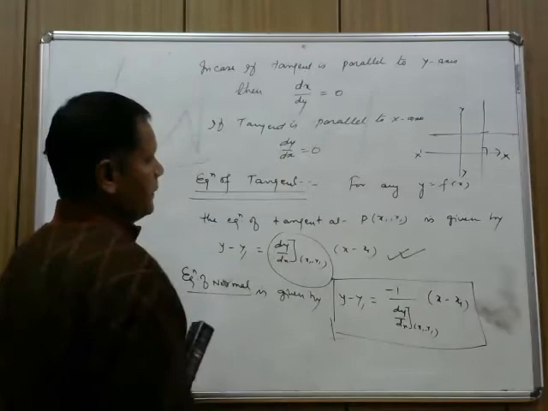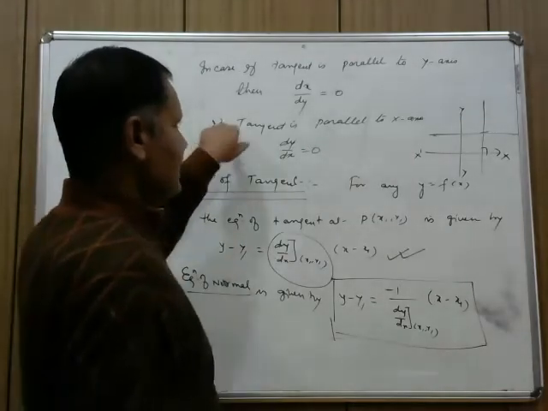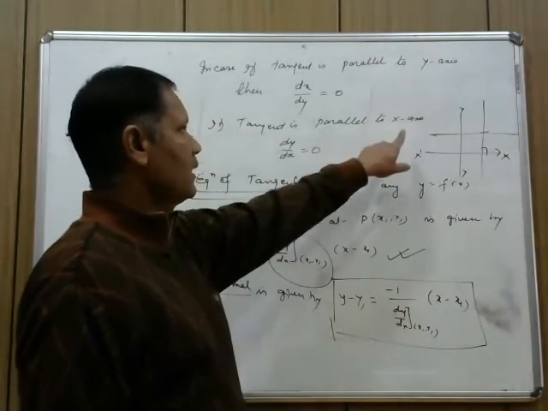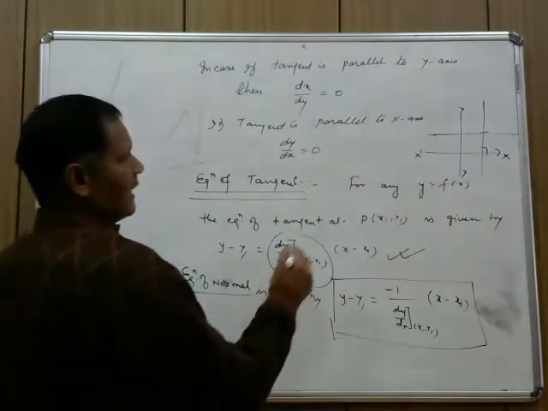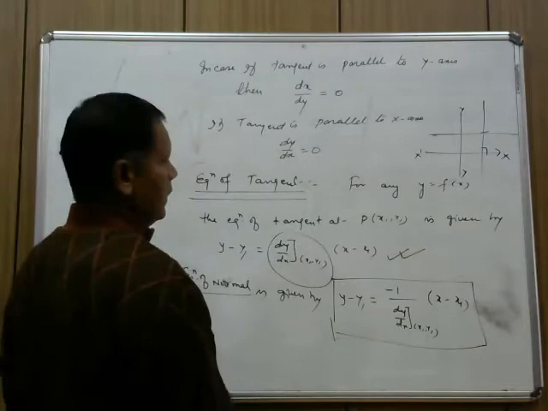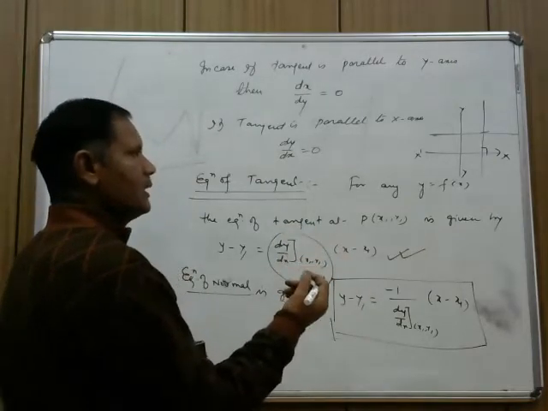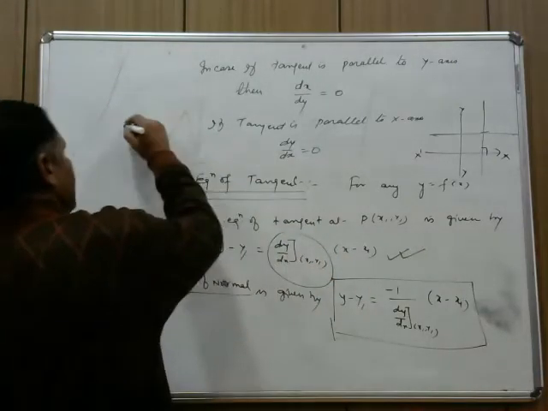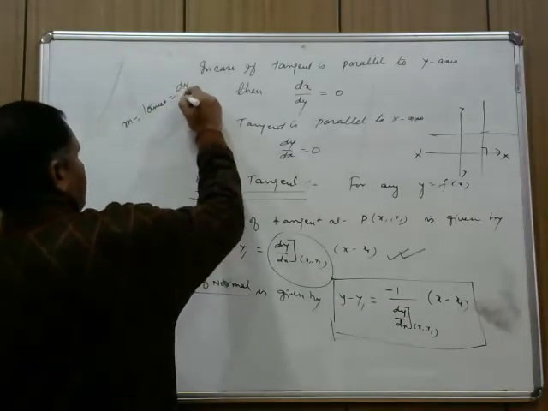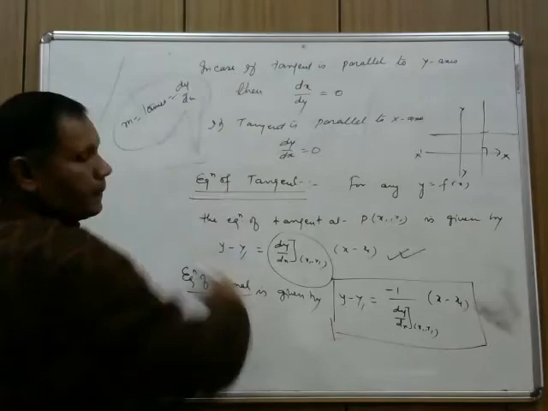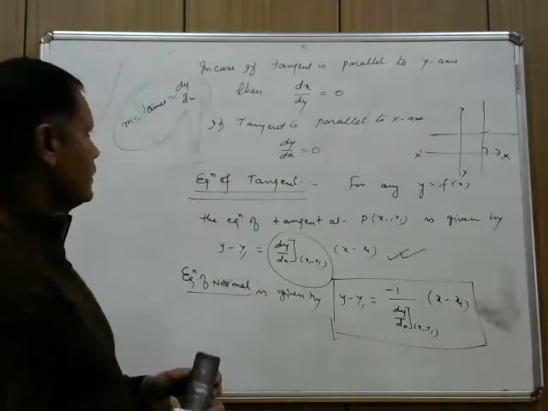Please remember this point. When the tangent is parallel to the x-axis, then dy by dx is equal to 0, because in that case tan theta will be equal to 0, and we know that tan theta is also known as the slope. m is equal to tan theta is equal to dy by dx. All three are the same thing here.